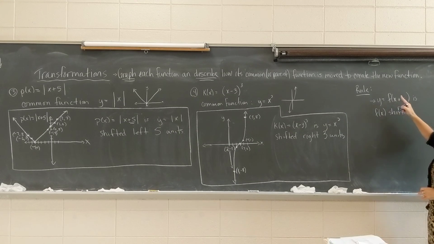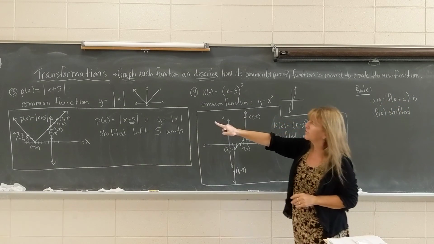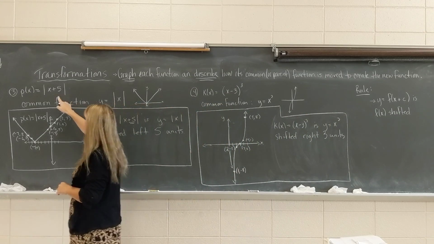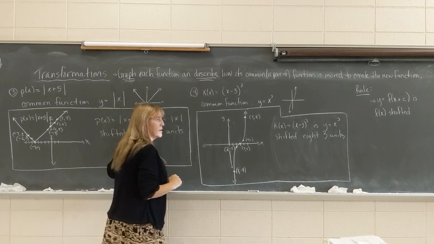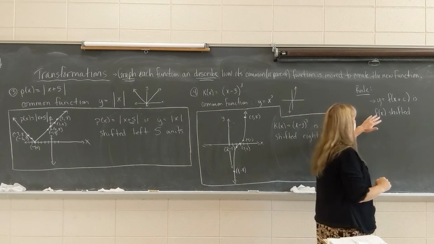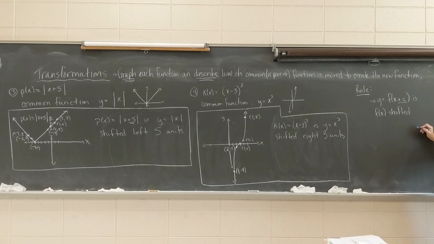So x plus c would be indicated with example 3, and with example 3 we saw x plus 5, so we move 5 units to the left. So over here, when you see a plus c, you move left 5 units. I'm going to write left down here. And why would I write 5? Because this is my general rule. I don't want to write 5, I want to write c units.